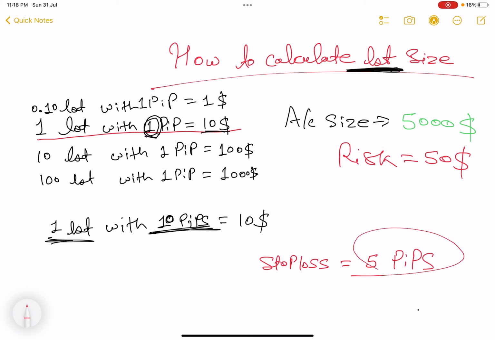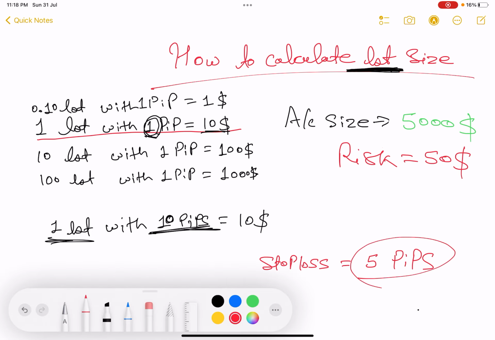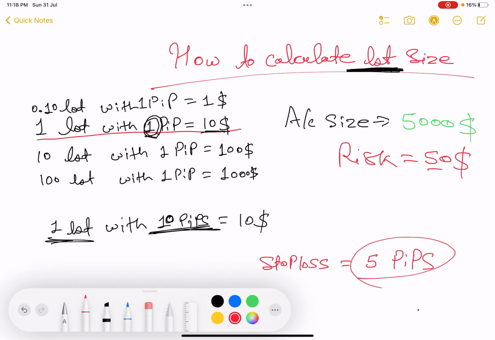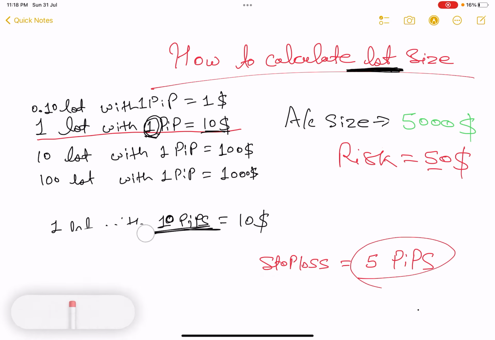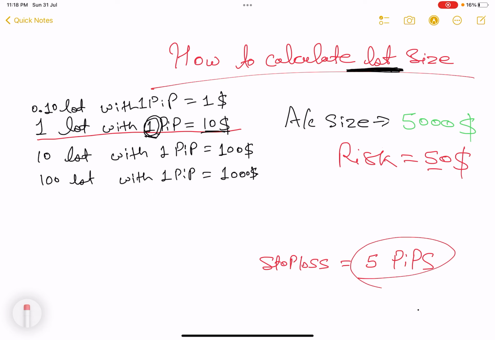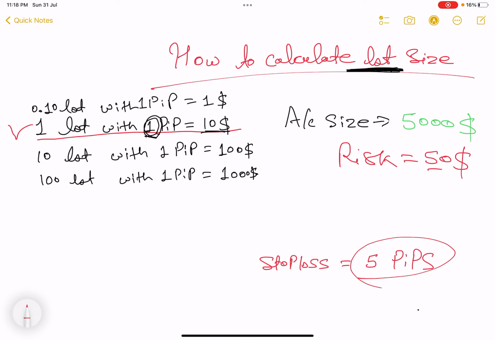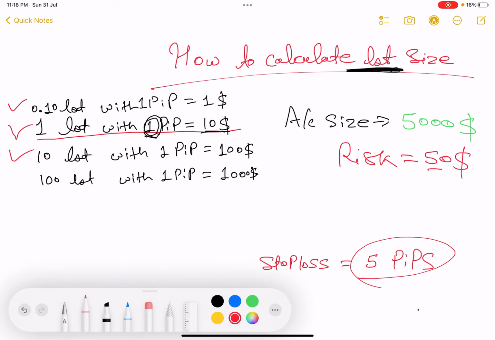Okay, I have a stop loss of 5 pips. Now let's say I want to lose $50. Let's just remove this overall, right? According to me, this lot size will be suitable for many of you.